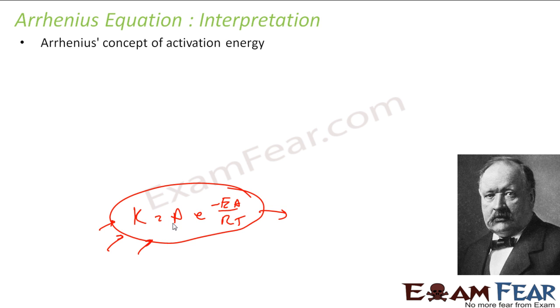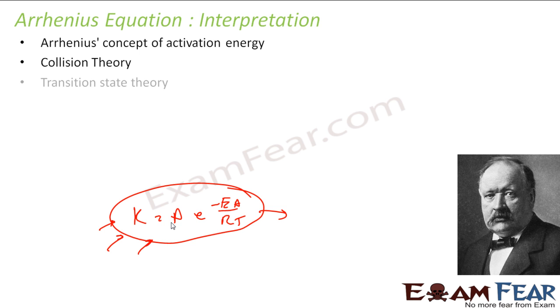In 1889 one justification was given by Arrhenius, and he used the concept of activation energy to prove this. Another justification was given by collision theory, and another by transition state theory. In this chapter we'll understand Arrhenius's concept of activation energy and collision theory to understand why this equation came. This was an experimental equation, based on experimental data.